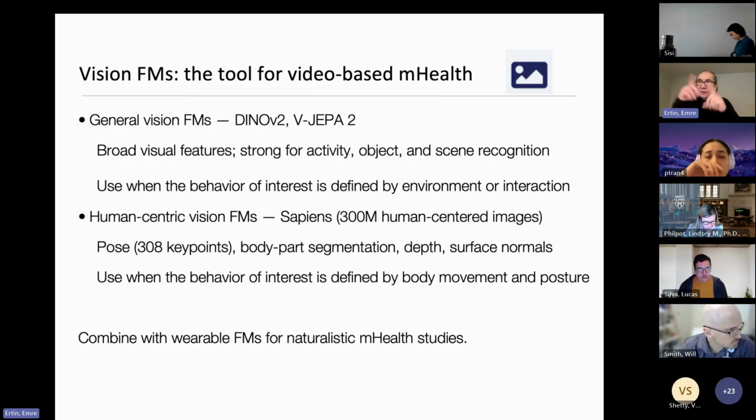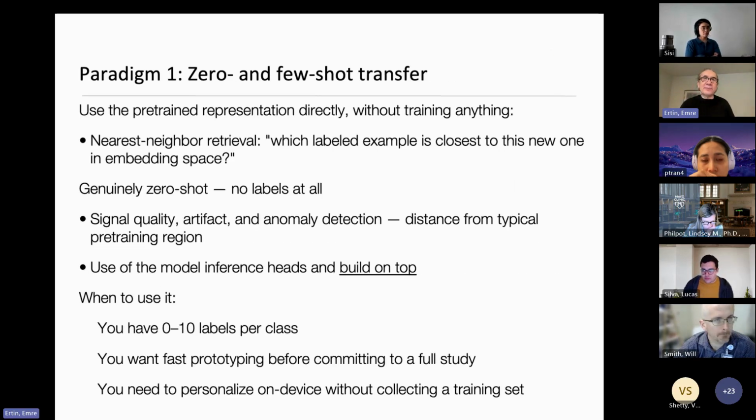So given a single image, you can fit a skeletal model in an arbitrary naturalistic environment.